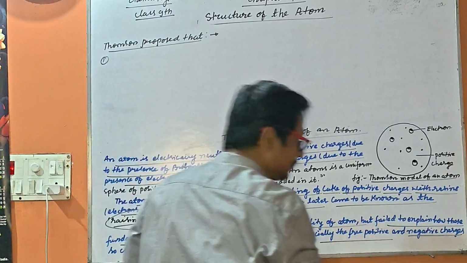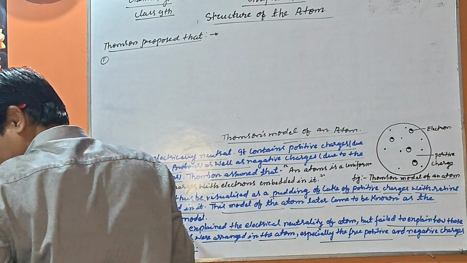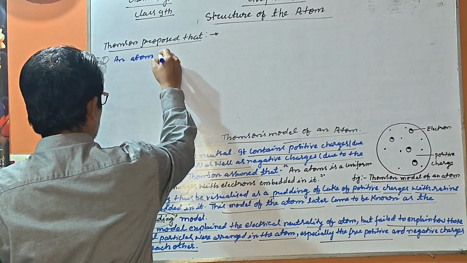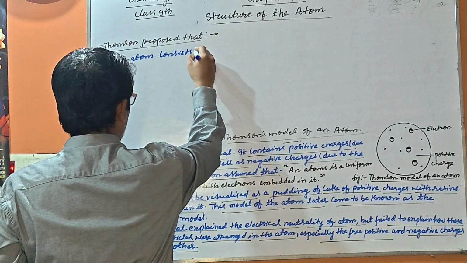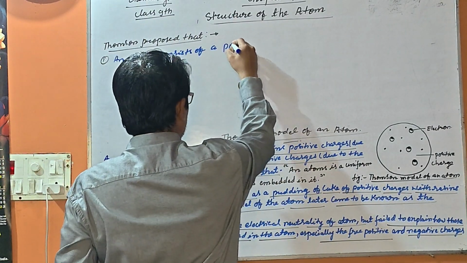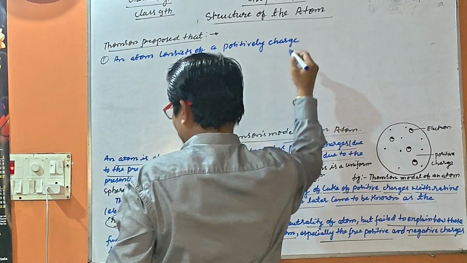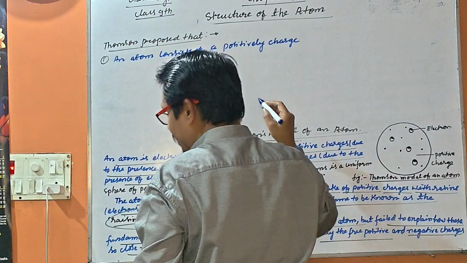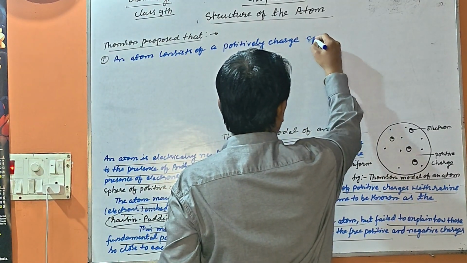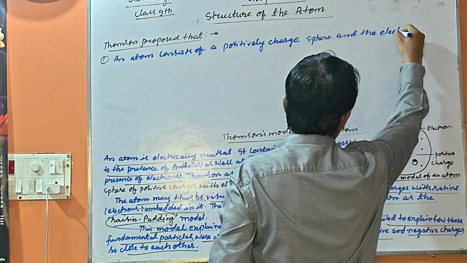The first point, Thomson says, is that an atom consists of a positively charged sphere and the electrons are embedded in it.